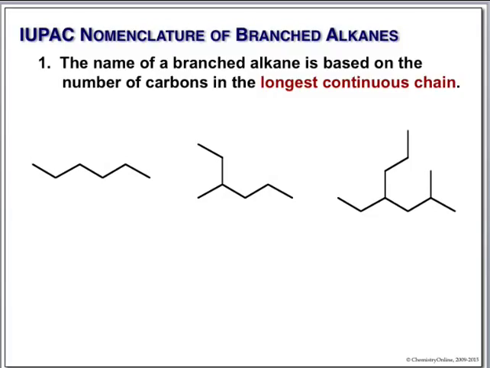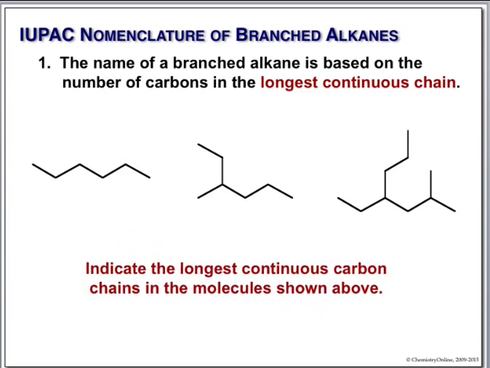The first thing you do is look at your molecule and identify the longest continuous chain of carbons. For our first one here, that's very simple. It's going to be our zigzag here, 1, 2, 3, 4, 5, 6 carbons. And this would look like that.